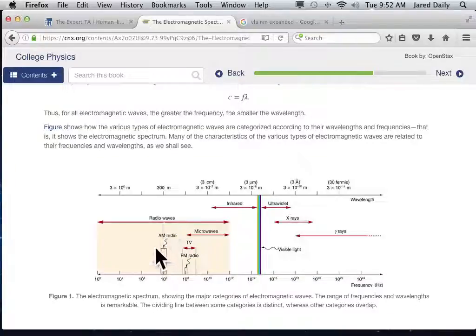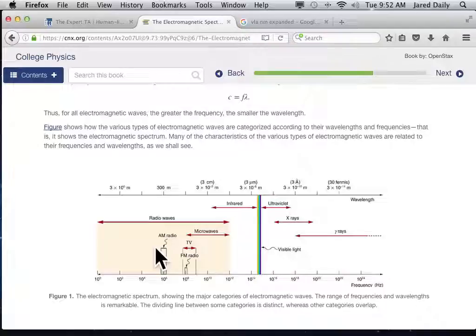One of the disadvantages to AM radio is it's hugely affected by other waves that we create in the world today. 100 years ago, we didn't create so many waves in the world. Now we create a lot more. And AM radio waves are hugely affected by, for example, the waves in the towers for electrical power.